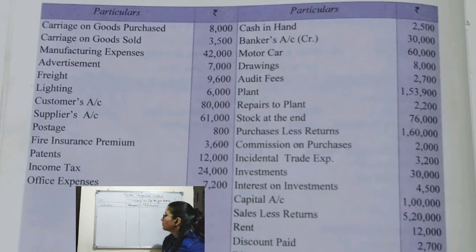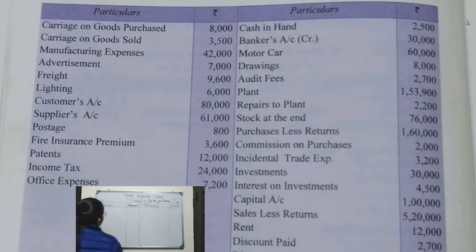The format of trading account is particulars and amount on the debit side, particulars and amount on the credit side. As we know, in trading account we record all the expenses related to goods, manufacturing of goods, and purchasing and selling of goods. We have been given purchases less return.